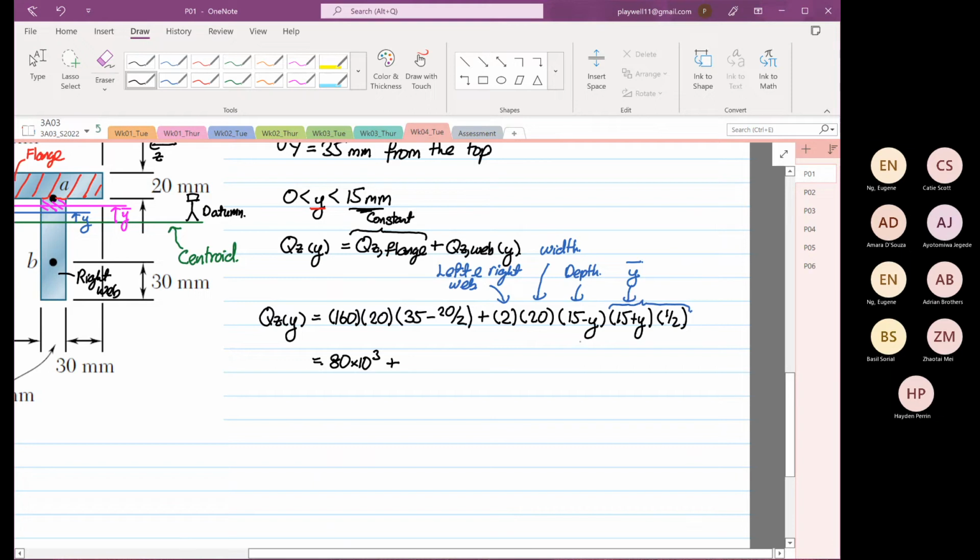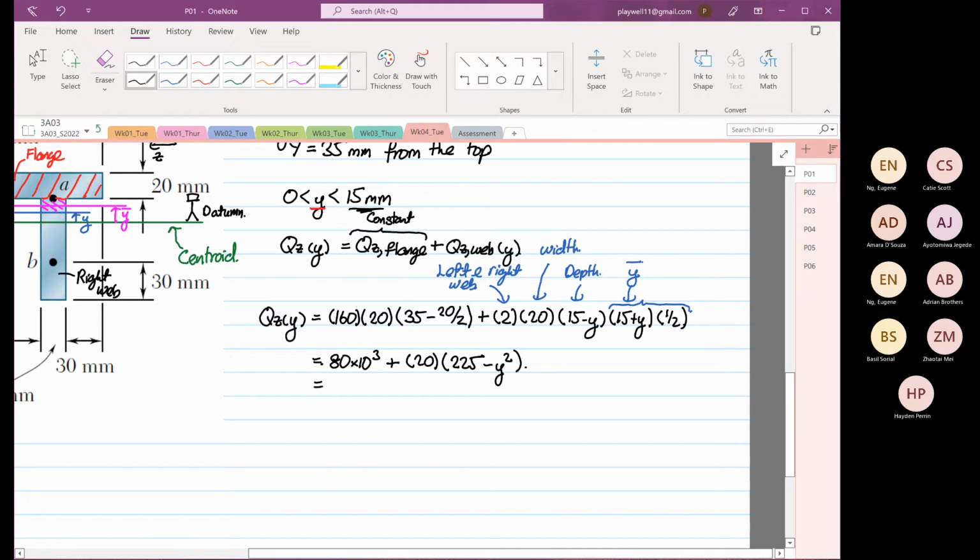So you will have 2, so you have 20. Then you have 15 squared, so it's 225. Okay, 225 minus y squared.